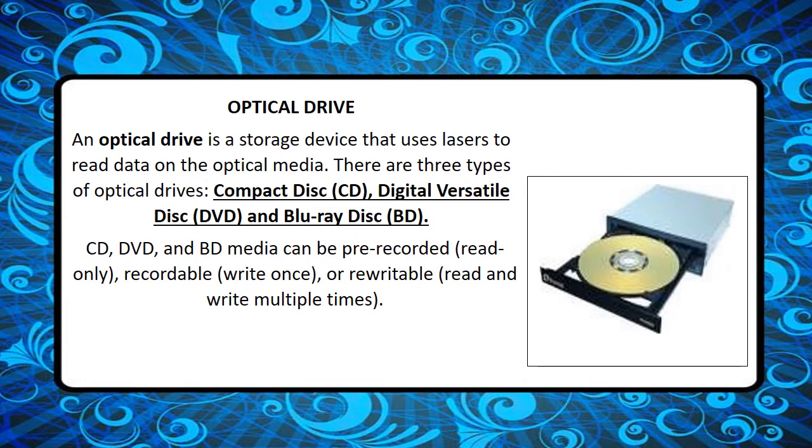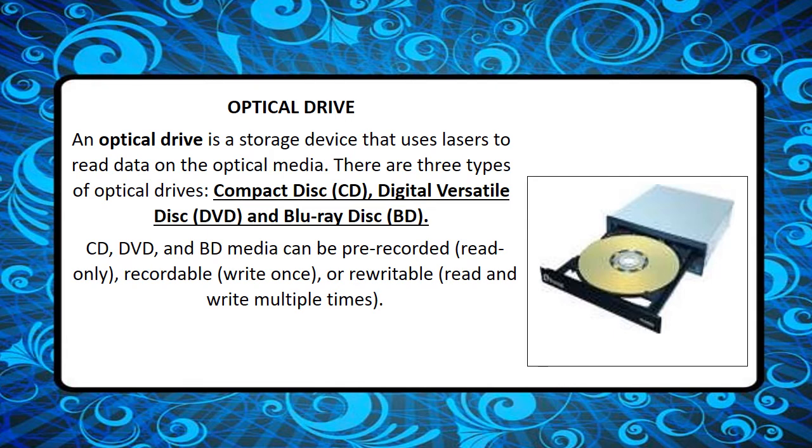Next, we have the optical drive. An optical drive is a storage device that uses a laser to read optical media. There are three types of optical drives: the compact disc or CD, digital versatile disc or DVD, and the Blu-ray disc or BD.